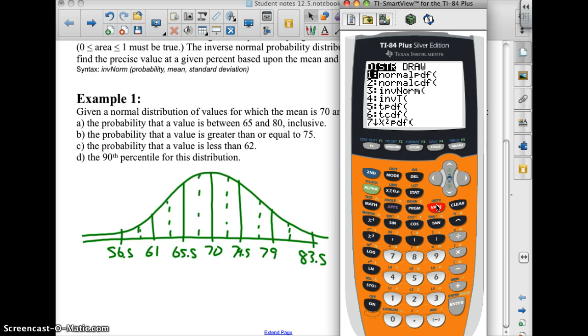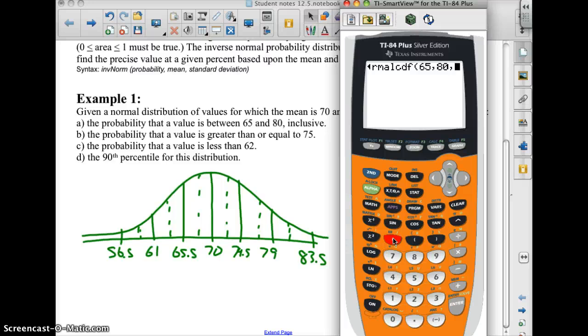Now I'm looking for the probability between two numbers, so that's going to be a cumulative kind of thing. So I'm going to do normal CDF, and then my lower bound goes first, 65, comma, 80, comma, and then I always end with the mean and then the standard deviation every single time.